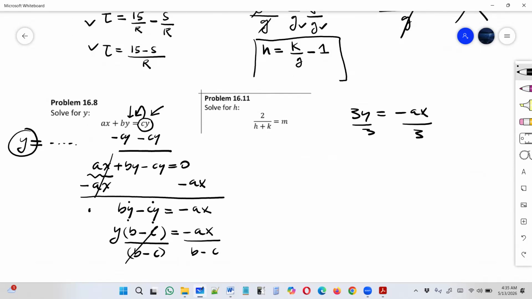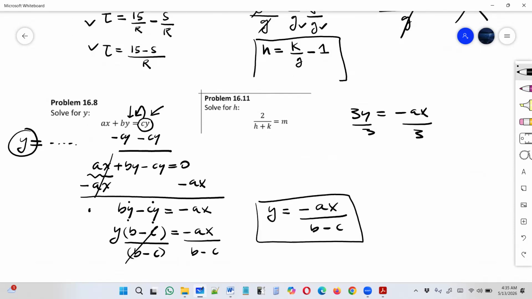All I have to do now is cancel b minus c here, and my final answer will be y equals minus ax over b minus c.